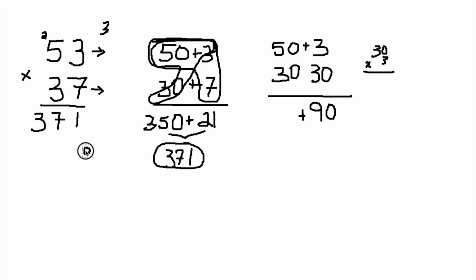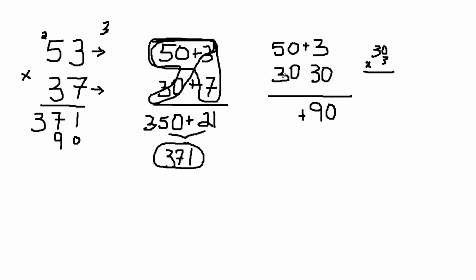So we can say now, what's 3 times 3? And it is 9. See how we got 90? We got 90.